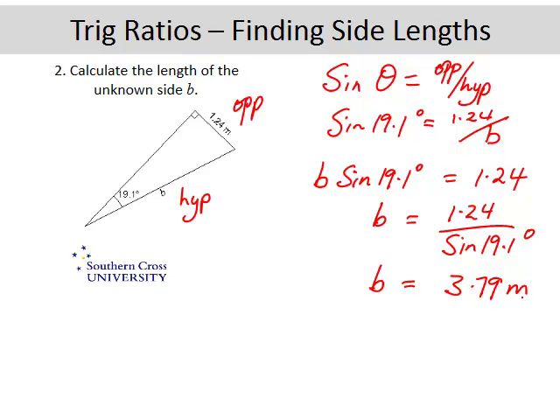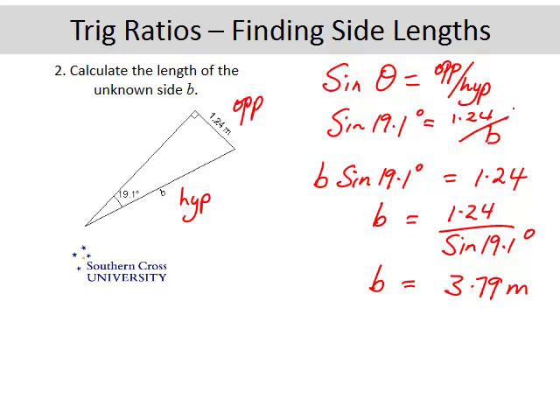Just checking that the hypotenuse is the longest side. Is this the longest side of those that are known? Yes, it is. So that seems to be a reasonable answer. If you want to be methodical about what you're doing, first step is work out what sides you've got and then find the ratio that goes with that.